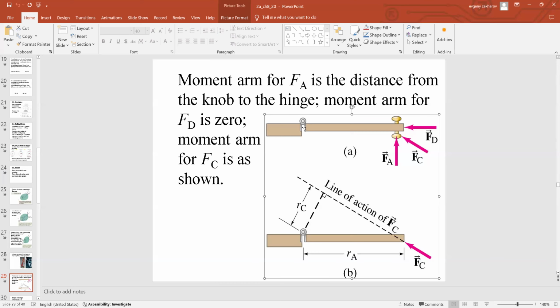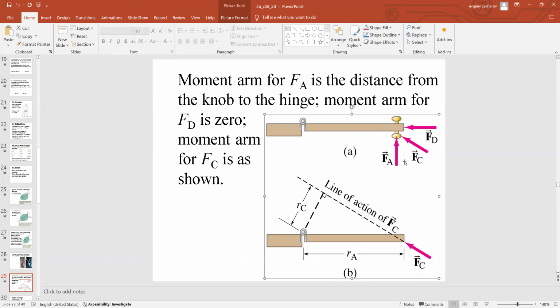It's a 0 moment arm, and moment arm multiplied by any kind of a force, if it's a 0 moment arm, it's just a 0 as a product. So the torque created by F sub D is 0. So you can push as hard as you want, but the door will never open. It will never rotate and become opened.